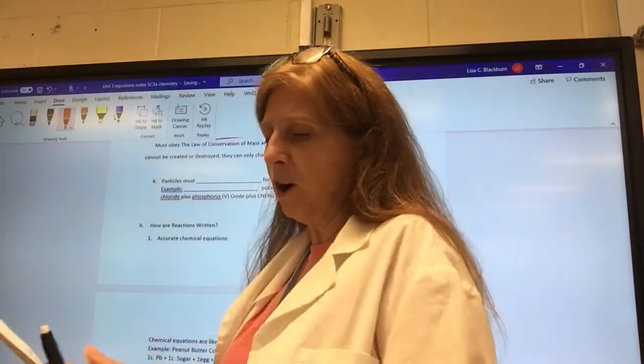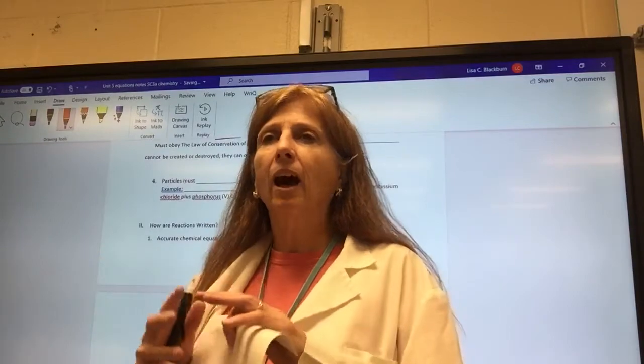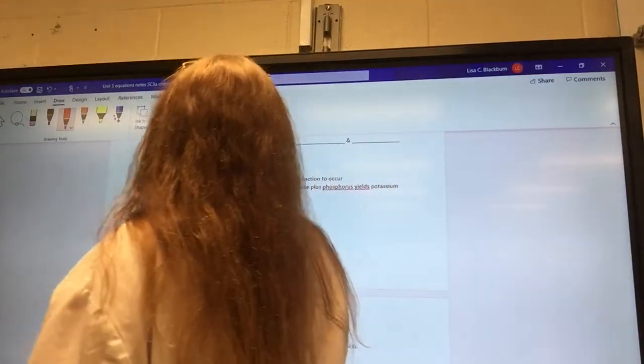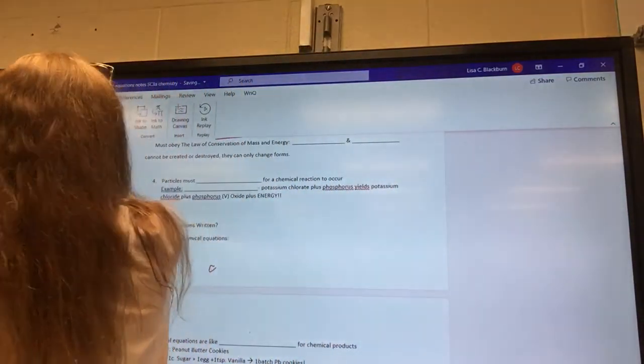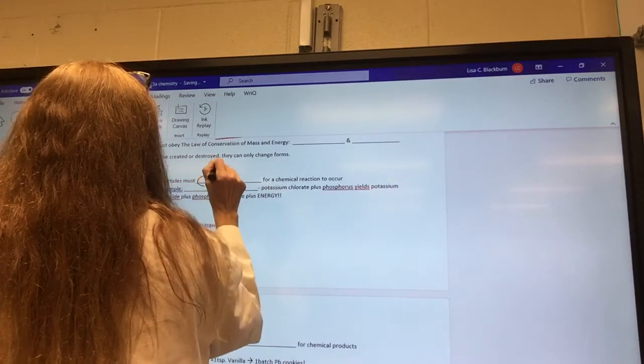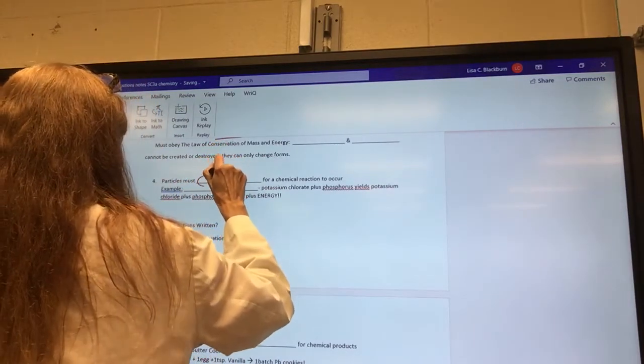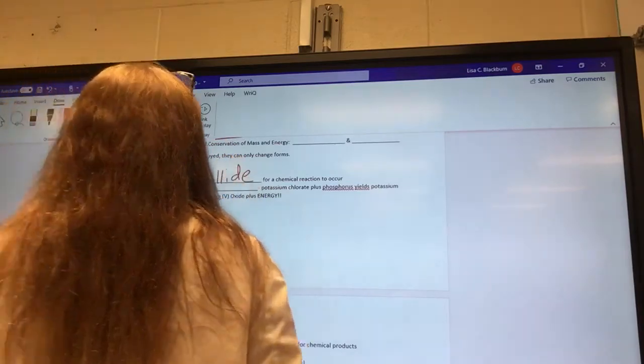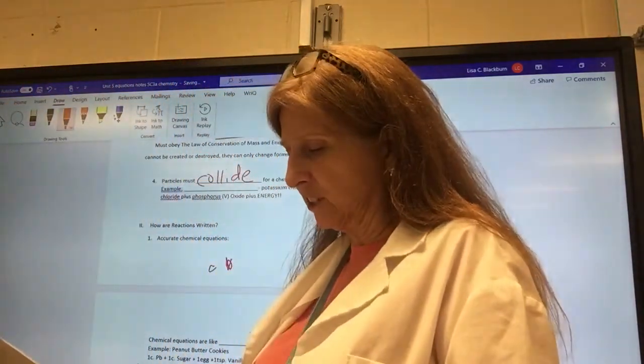Okay, for a reaction to happen, the atoms have to touch. They have to come in contact with each other, so they must collide. Come on, you can write. Y'all are getting excited about your cookies. They must collide for a chemical reaction to occur.